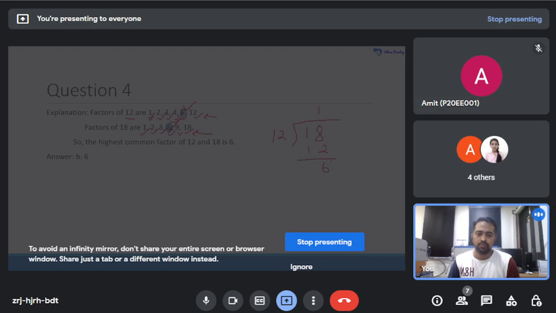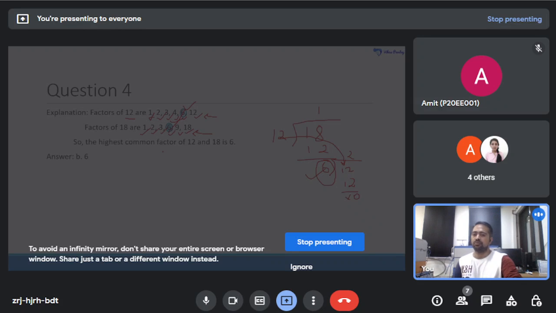Okay. Now we again take this number, 12, and we try to divide it, and it is perfectly divisible, and the remainder comes as 0. So the last divisor is the HCF, right?